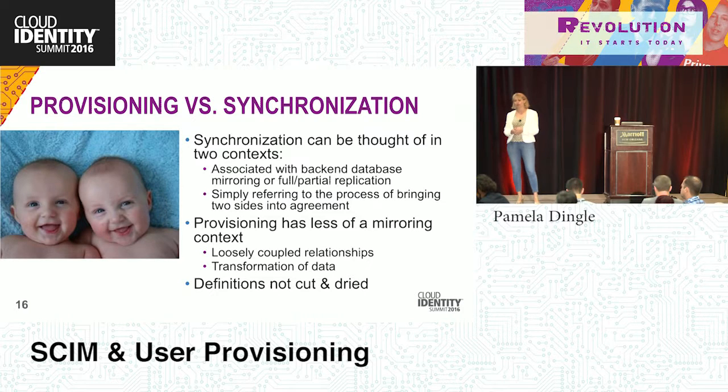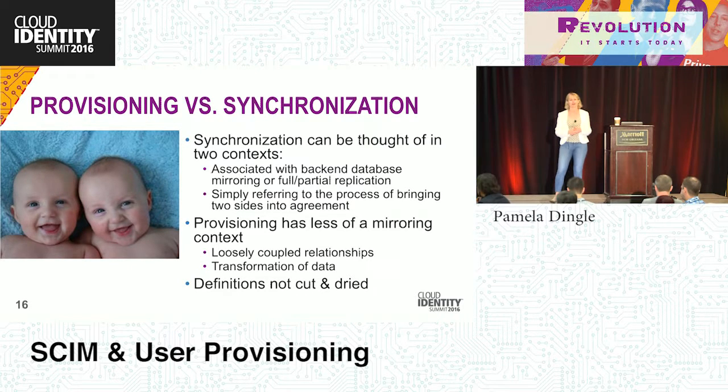There could be many, many reasons why you don't want to have that exact same data in two different data repositories. For example, you may want to mask information. So you may store a user's birth date in HR, but you may only want to actually push to your applications the fact that that user is over 18, as an example.